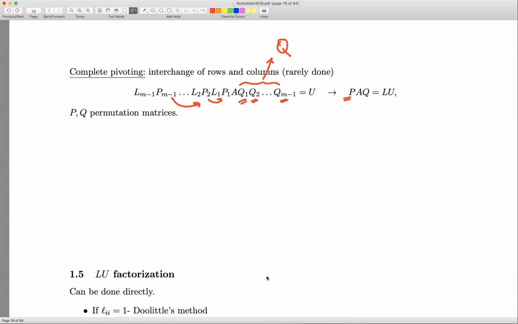Now, we started with the system AX equals B, and we wanted to see how we solve this system. We know from courses in linear algebra that we look at the augmented matrix and perform Gauss elimination.